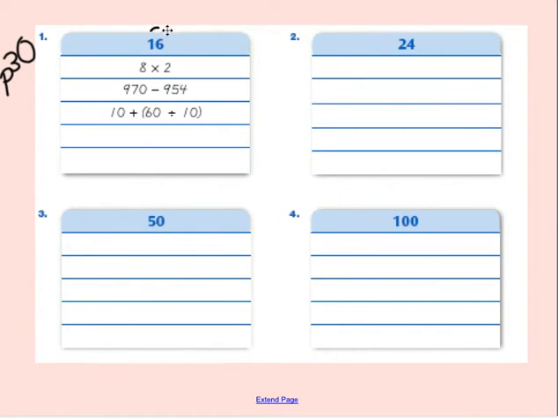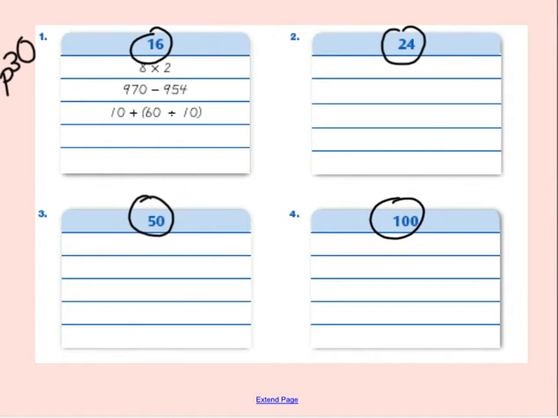So they have given you some examples for 16. They have given you 3, so you have to add a couple more. Then you need to do 5 for 24, 5 for 50, and 5 for 100. And then tomorrow in class, we will have a chance to talk about them, and you will be sharing some of your ideas with your classmates.